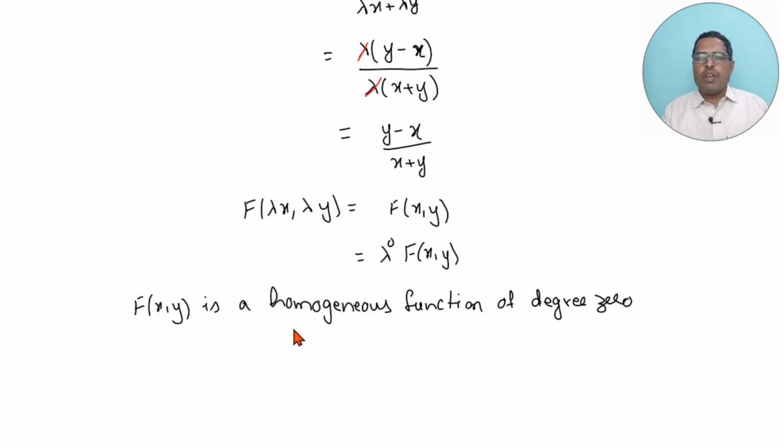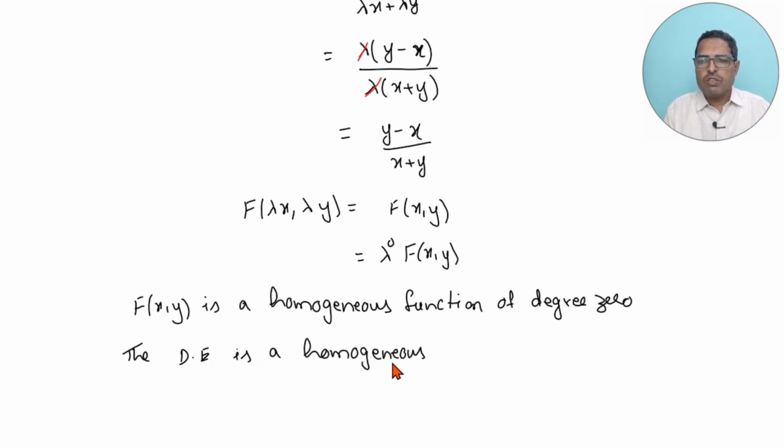So if f of x comma y is a homogeneous function of degree 0, we can conclude that the given differential equation is a homogeneous differential equation. So if it is a homogeneous differential equation, we need to solve it.